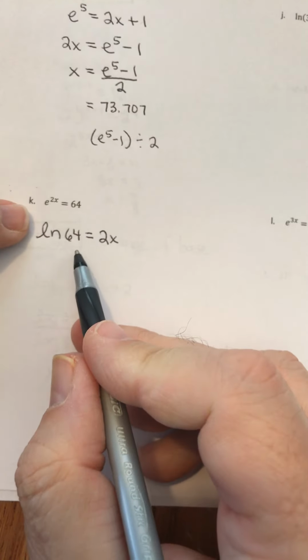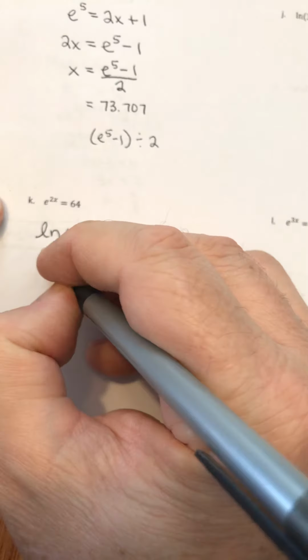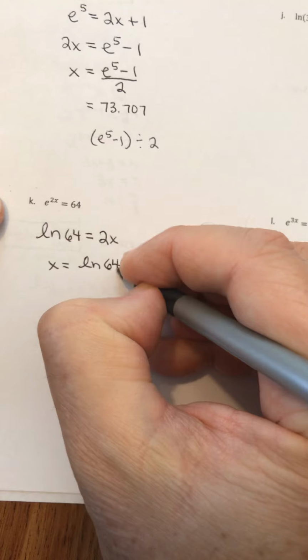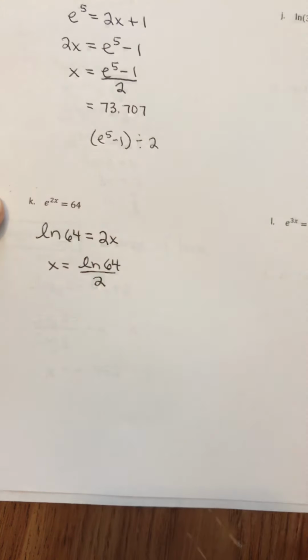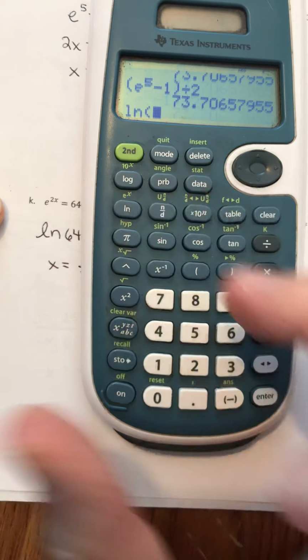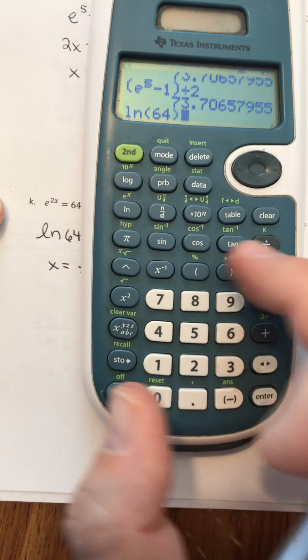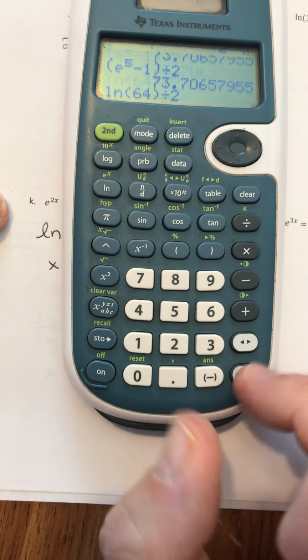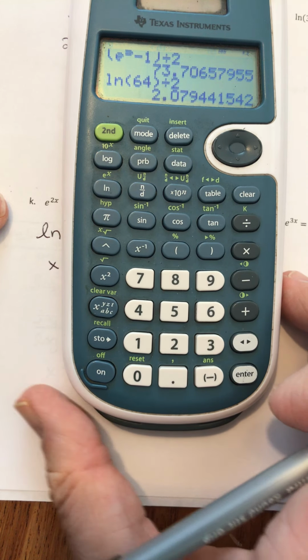Well, I can type in natural log of 64. I might as well go ahead and divide by 2, so I only have to type it in one time. Again, you don't have to use the fraction button. You can do natural log of 64, close your parentheses, now divide that by 2, and you get 2.079.